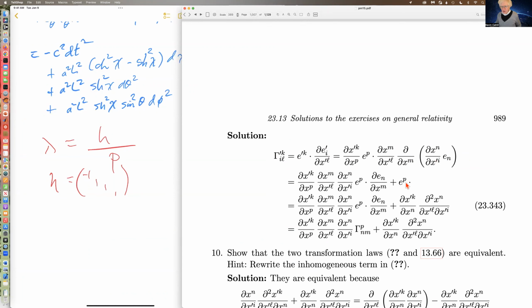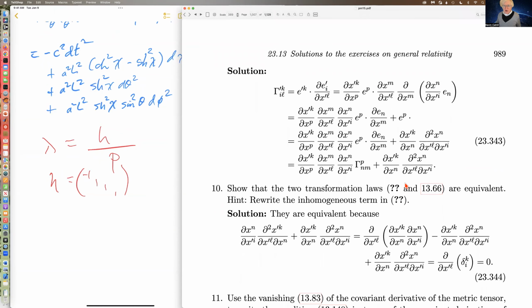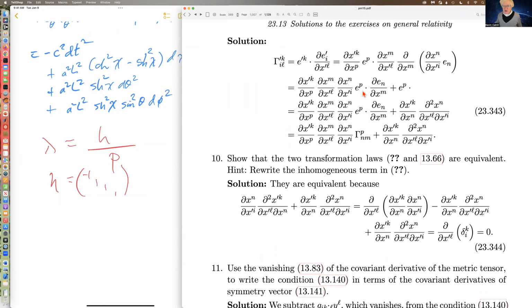Wow, there's a typo here. Big, big typo. I should have noticed that before I decided to show you this solution. Anyway, the first term, well, you know what?